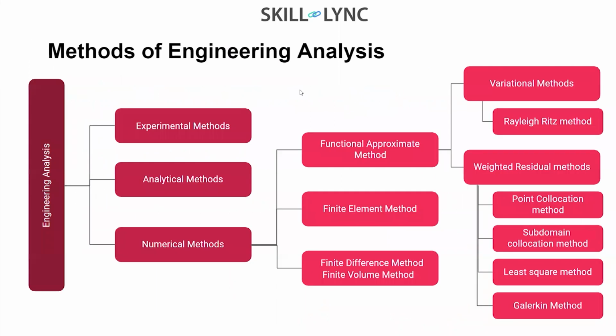If you see the methods of engineering analysis, any engineering problem you take can be solved using 3 methods: the experimental method, the analytical method, and the numerical method. Talking about the experimental method, it's usually anything we do physically.